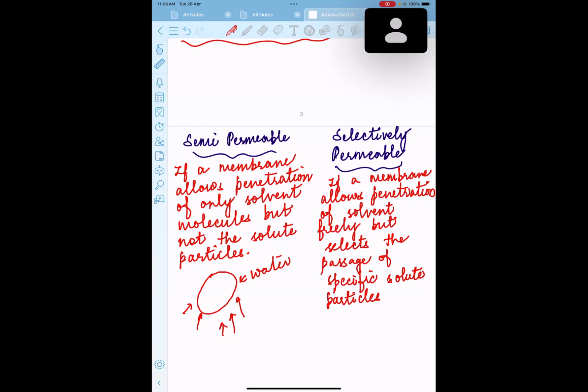But the membrane will select whether a solute has to go or not, so the passage of that specific solute particle will be selected. That is why it is called a selectively permeable membrane. For example, the plasma membrane is a selectively permeable membrane because through it only selected solute particles can go inside or come outside.